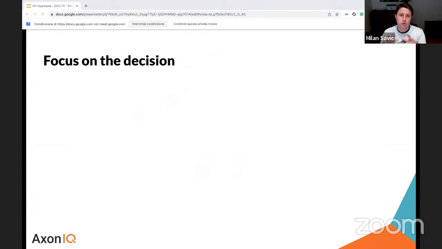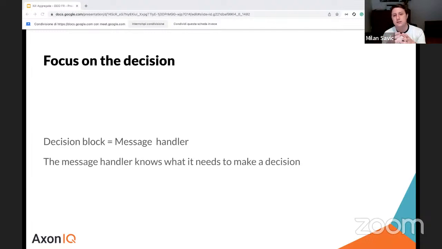So what we want to do here is move the focus to the decision. In this situation, the decision block is the message handler, and this message handler exists only in order to make the decision. This handler solely knows what it needs to make this decision.